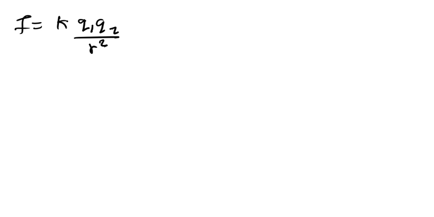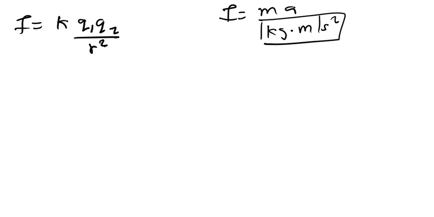So for force, the basic units: we know that force is mass times acceleration. So we'll write this, mass is in kg, then this is meter per second. So we are going to use this for force. I'm going to be replacing force with kg times meter per second squared.